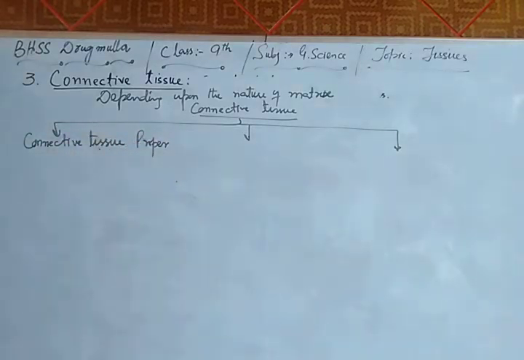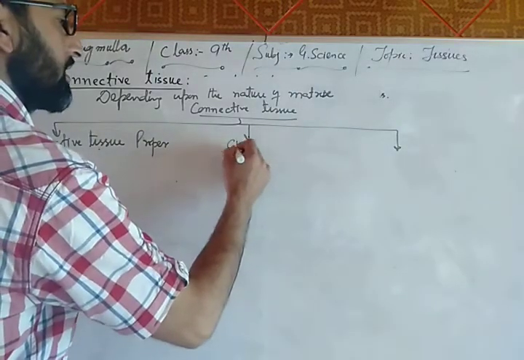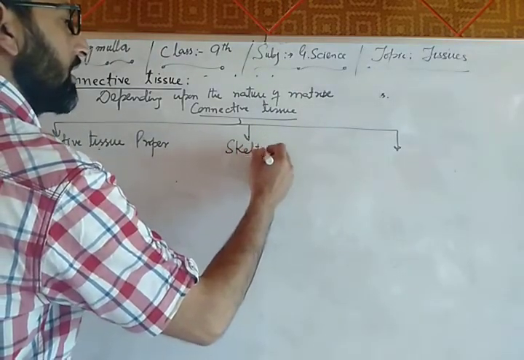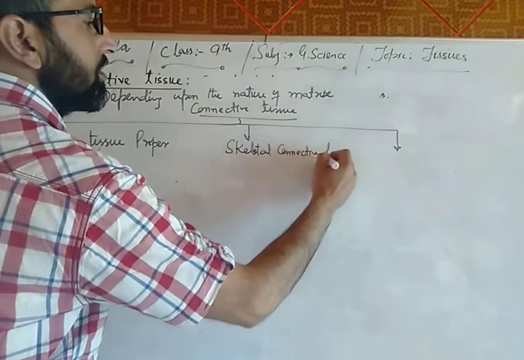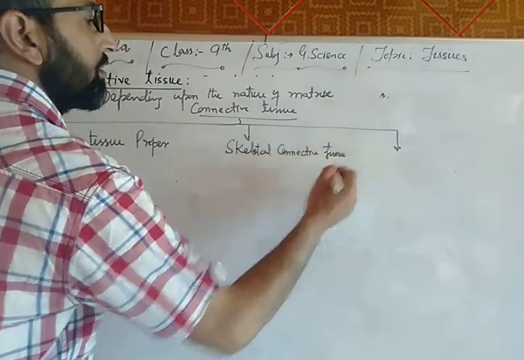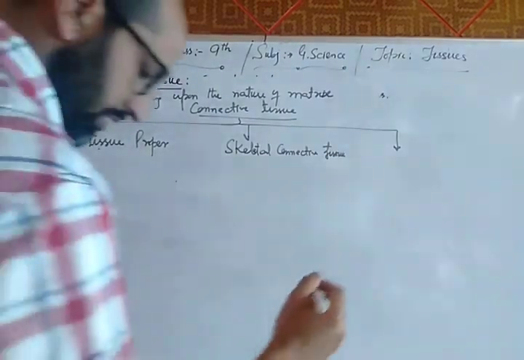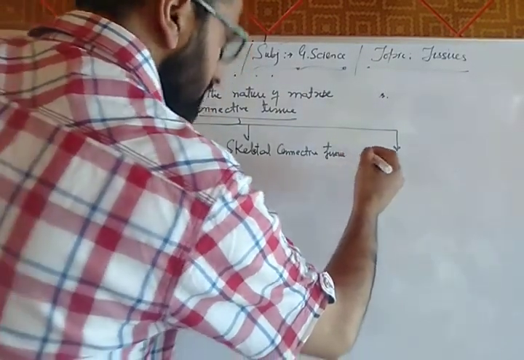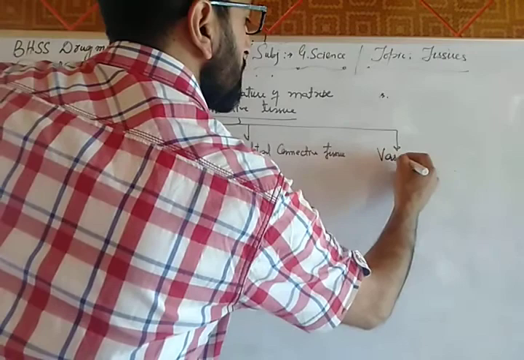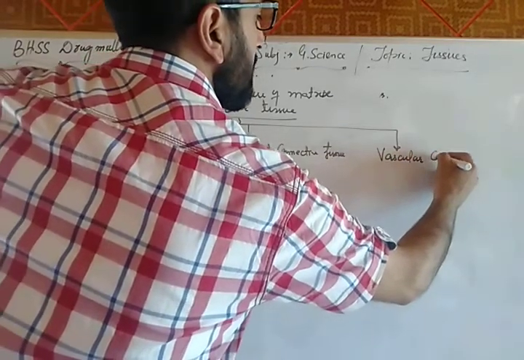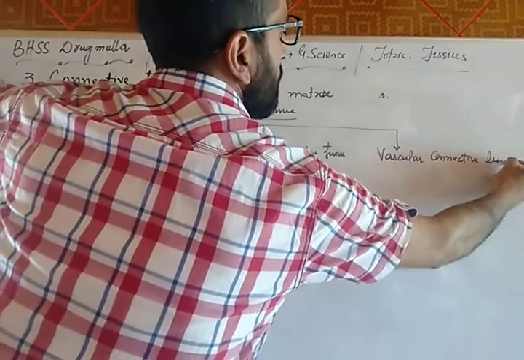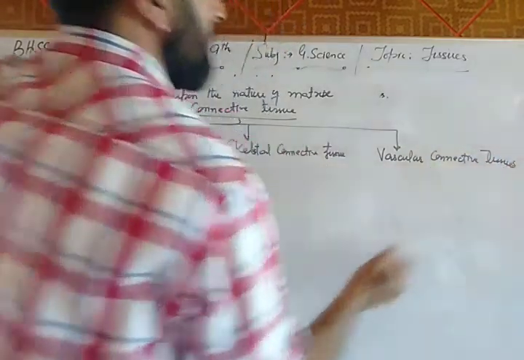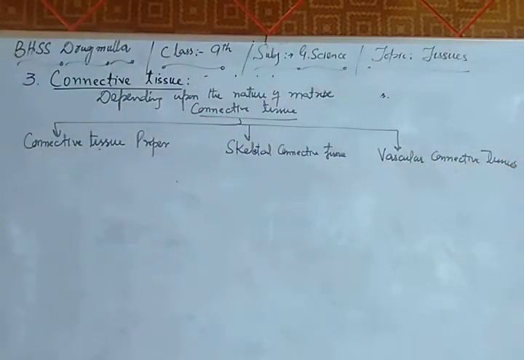Number second is the skeletal connective tissue. And number third is the fluid or vascular connective tissue.